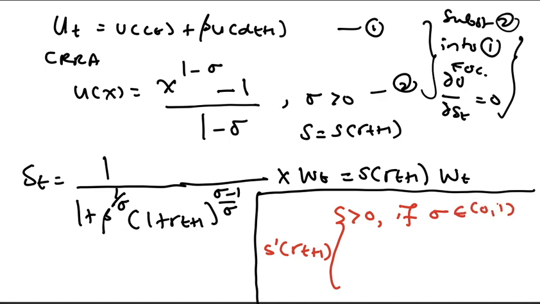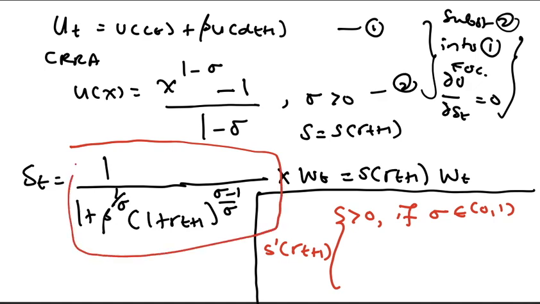You can try and check whether the saving rate is positive or not. It means you differentiate it with respect to r_{t+1}. Then you can see the sign is positive if sigma is between 0 and 1, the sign will be 0 if and only if sigma is 1, and the sign will be less than 0 if sigma is more than 1.